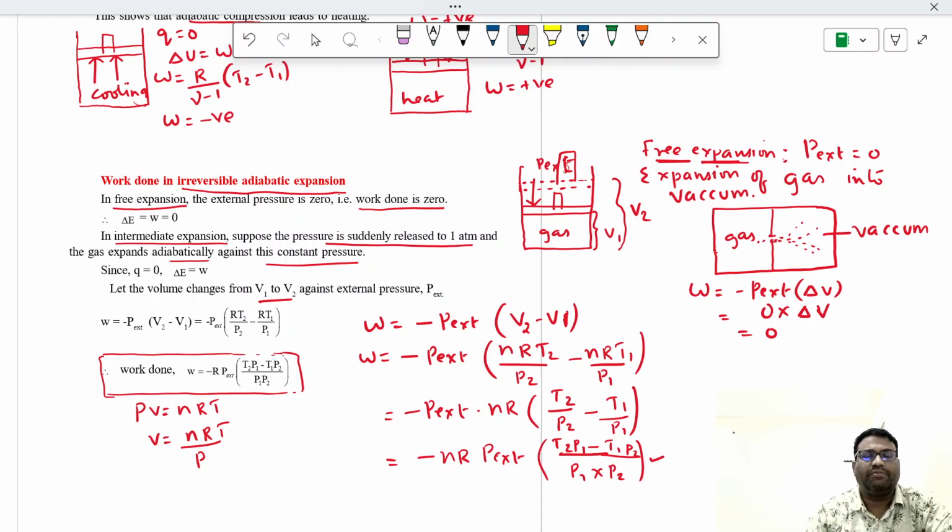This formula can be used when initial volumes and final volumes are not given, and initial pressure and final pressures are given, and this expansion is happening against a constant external pressure again, and initial temperature and final temperatures are given. Then we can go with the formula and solve it. Okay, right?